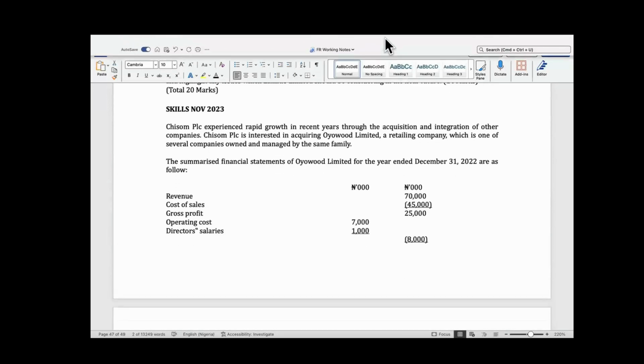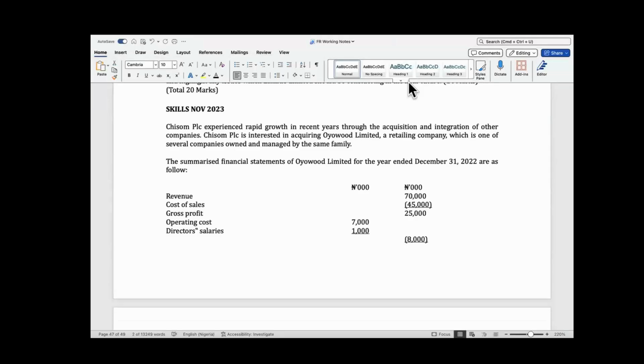Okay, Shidera, are you still there? Yes, sir. Let's read it, please. Chisom PLC experienced rapid growth in recent years through the acquisition and integration of other companies. Chisom PLC is interested in acquiring Oyowood Limited, a retailing company which is one of the several companies owned and managed by the same family.